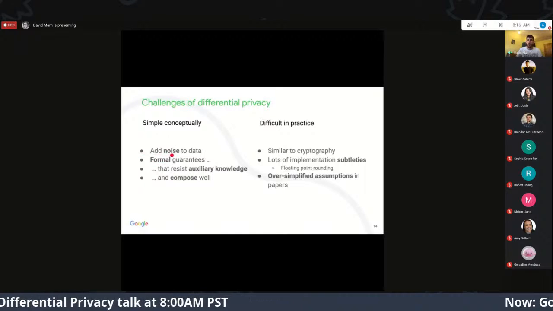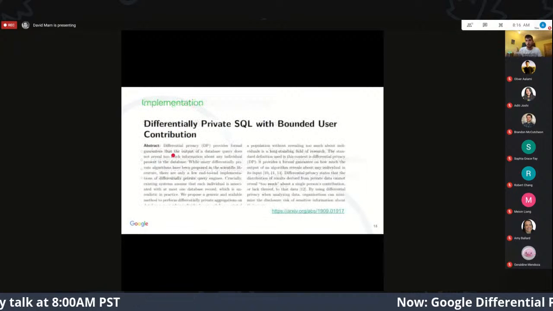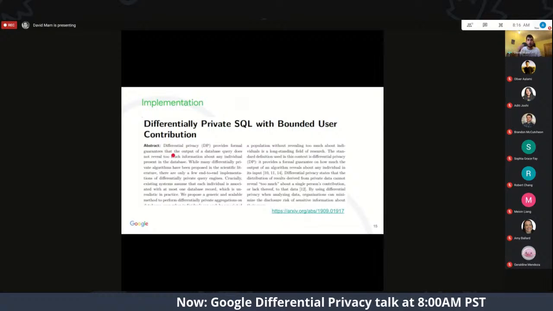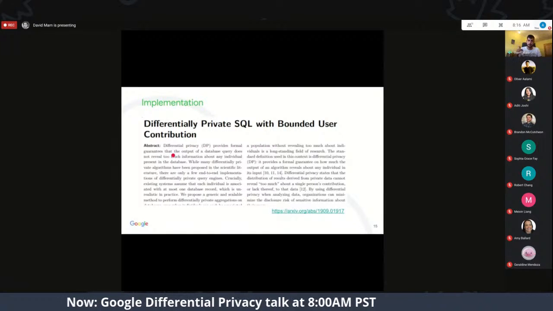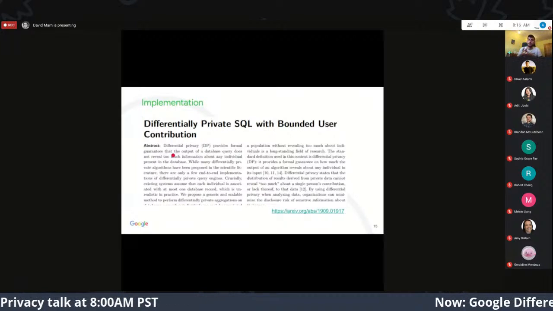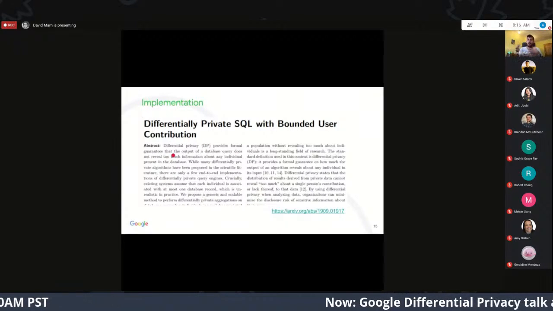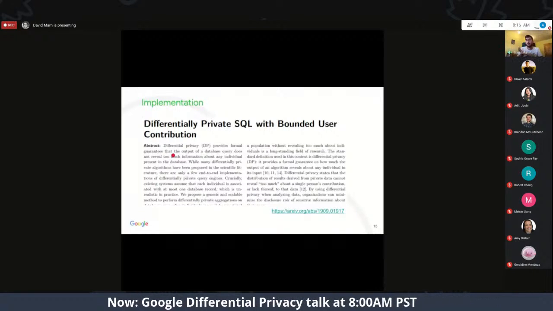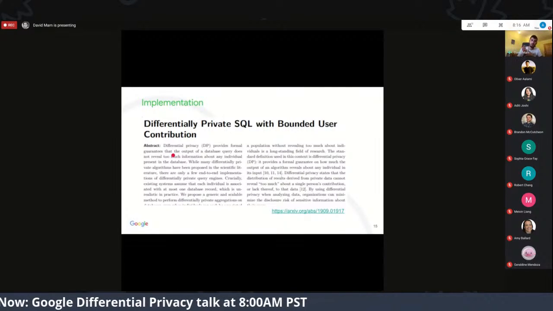So knowing this, we've published a paper on differentially private SQL engines, where we also bound user contributions. And this was one of these implementations of differentially private SQL queries that allow you to safely query the data. And here we also describe a lot of technical nuances that we've discovered.